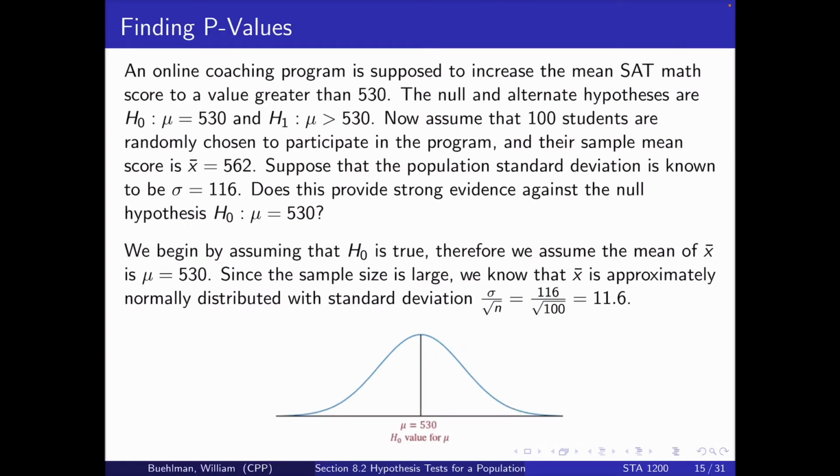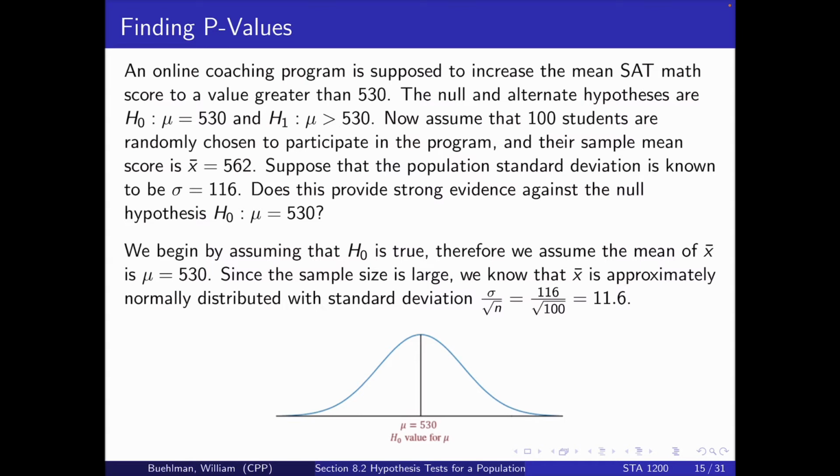So again, we have the same coach who claims that his coaching increases the student scores. The sample mean, as a reminder, was 562. Suppose that the population standard deviation was 116. Do we have strong evidence against the null hypothesis? We begin by assuming that the null is true.